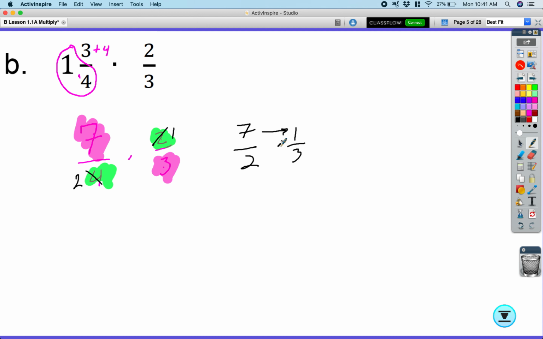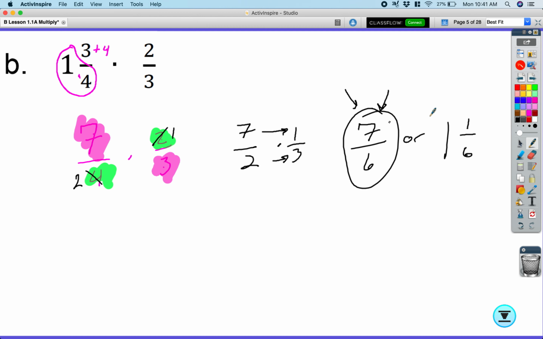And then I just multiply straight across, numerator with numerator, to get 7 over 6. You can leave your answer as an improper fraction, or you can turn it back into a mixed number. I just stop right here. Saves you a step, and hopefully you won't make a mistake if you just stop right there, okay?